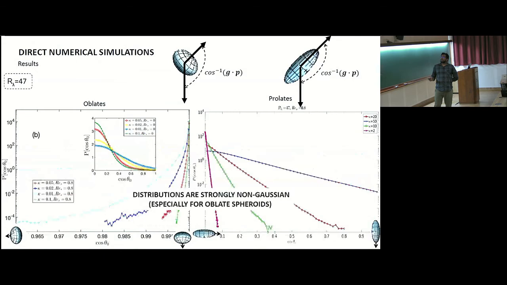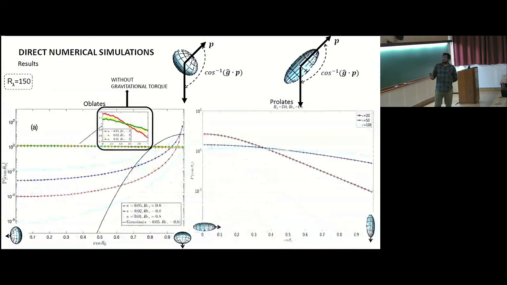For R lambda equal to 47, where the turbulence has weakened, we see that the qualitative results are the same, as in there is a peak at cos theta equal to 1 for oblates and 0 for prolates. However, the spread of the distribution from this peak has significantly reduced.